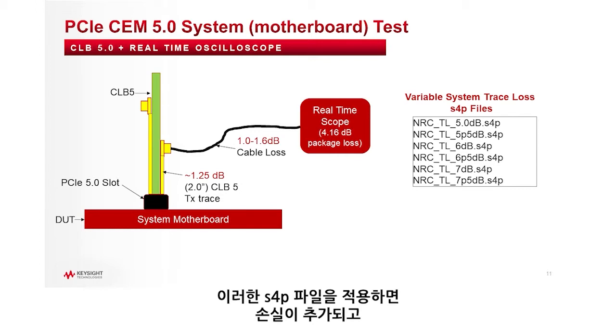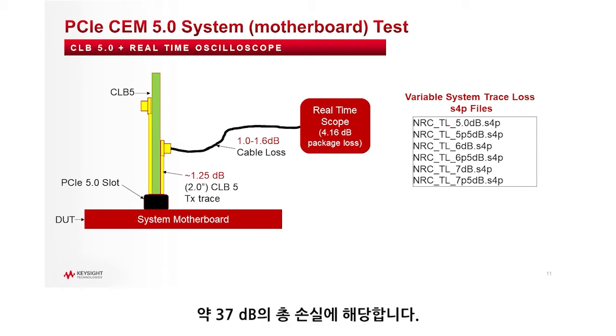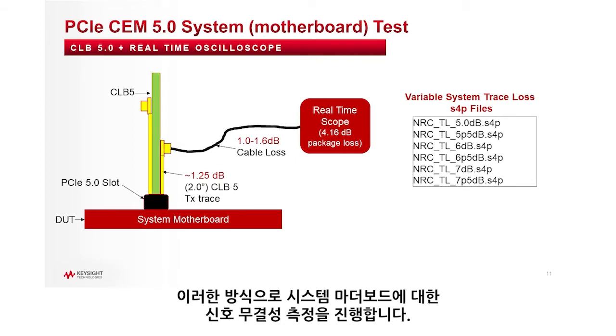And we apply these S4P files, which add additional loss so that the end-to-end loss from the budget that's allowed for a system motherboard to the measurements being made on the real-time scope accounts for a total loss of about 37 dB. And this is how we then make the signal integrity measurements for the system motherboard.